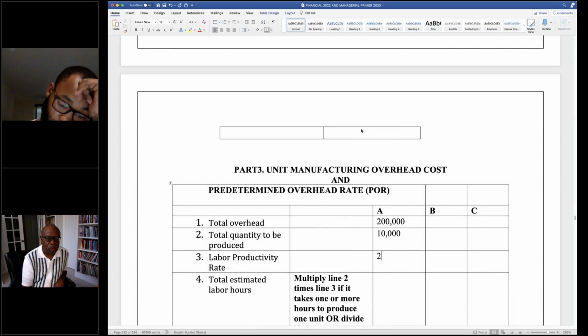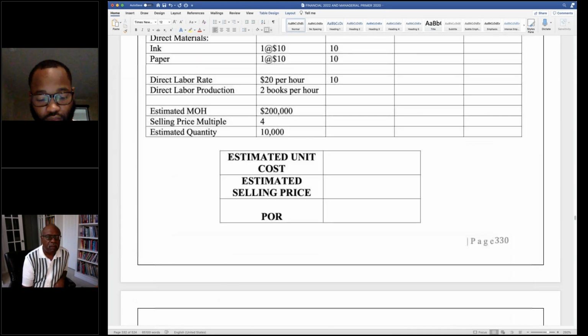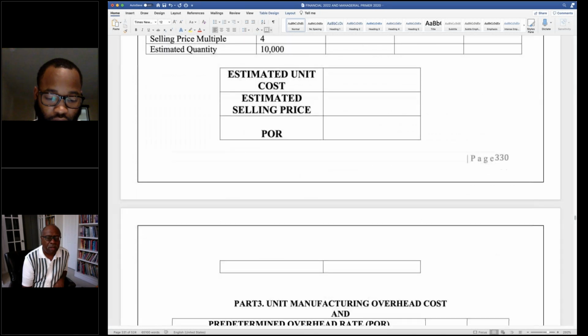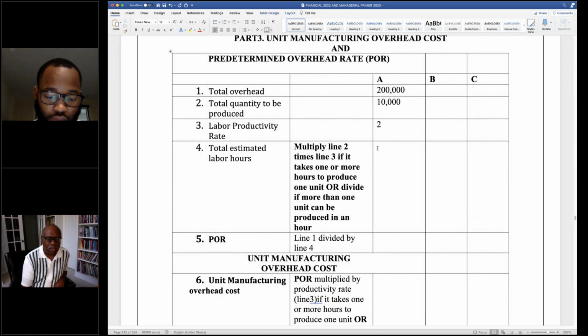But it's 2 what? 2 books per hour. So what's the total estimated hours gonna be? 5,000, because we can make more than 1 in an hour. So the POR: line 1 divided by line 4, 40.